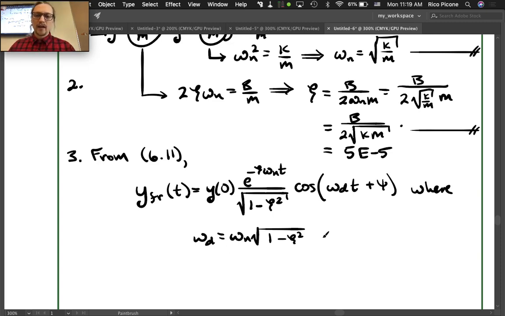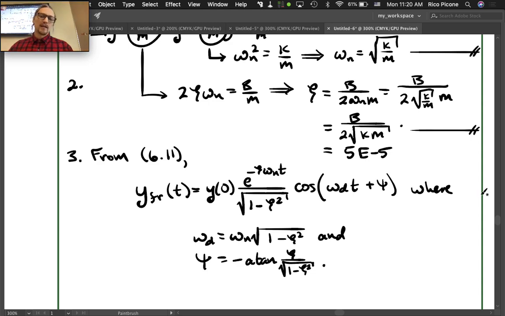And we have psi from equation 612 as being negative arctangent of zeta over the square root of 1 minus zeta squared.